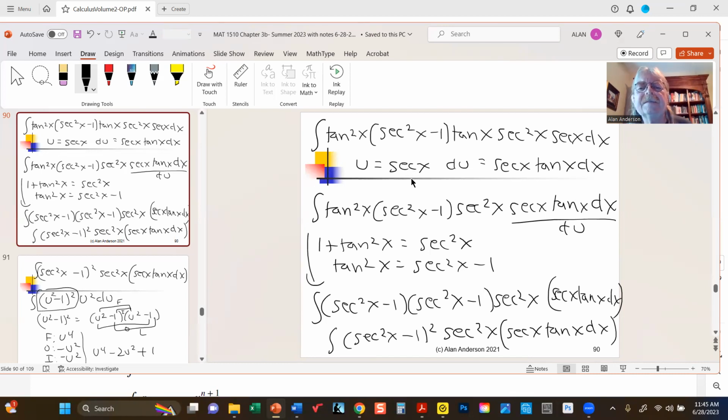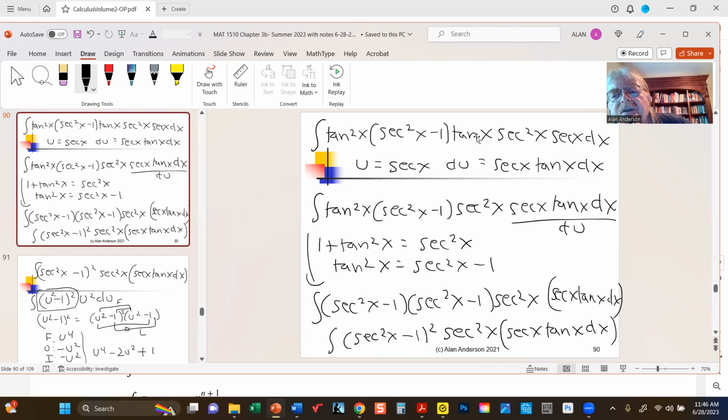I don't think there's anything else that would give you a hint that this should have been u equals secant x, except the fact that you do have secant tan x, which you do need for du. With the tangent, the du would have required secant squared, which we do have. But then the problem is that we would have had this extra tangent x here, which we could not have simplified with the Pythagorean identity.